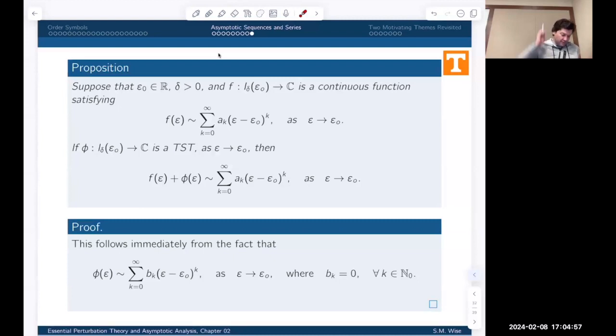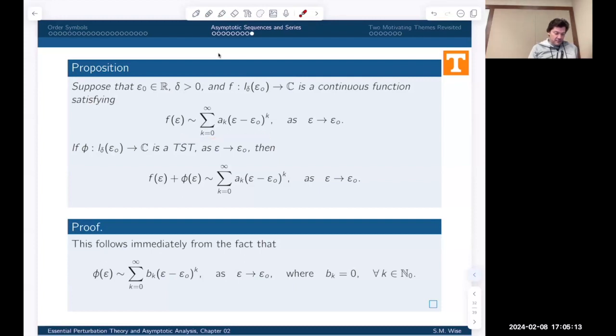So suppose that f is a continuous function that has a power series expansion, or an asymptotic power series expansion, as given here.